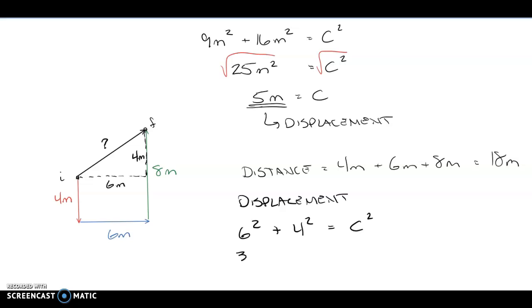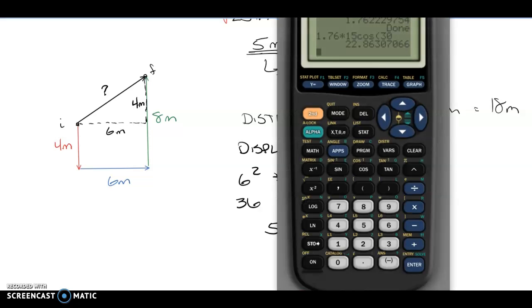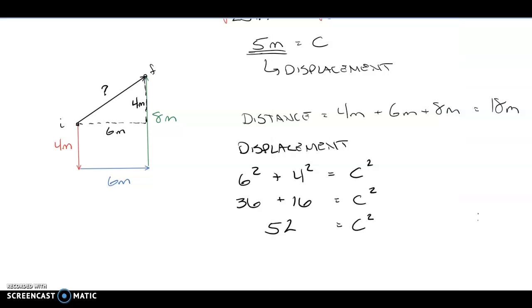Well, 6 squared is 36, plus 4 squared is 16, equals c squared. That's 52 equals c squared, and that's probably where I need to pull out my calculator. The square root of 52 is 7.21. So my displacement is 7.21 meters, which makes sense, right? I've gone 7.21 meters from start to finish.